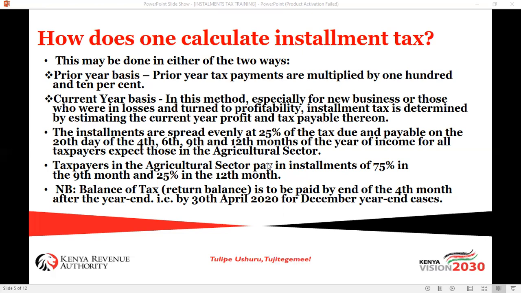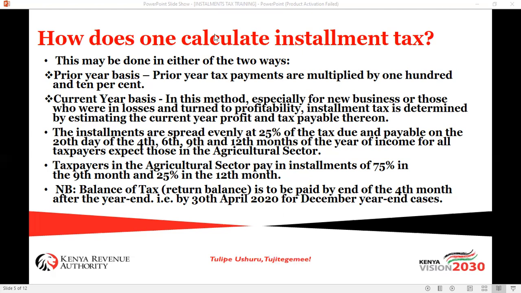Remember, not all companies have their financial year starting January and ending December. So depending on the company's financial year, it will depend when to file. The law doesn't fix it, it will always depend on the financial year of the company.